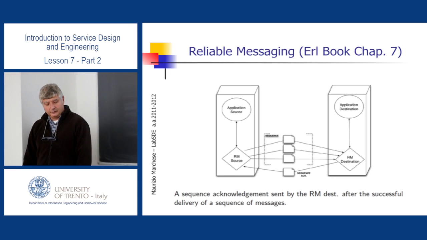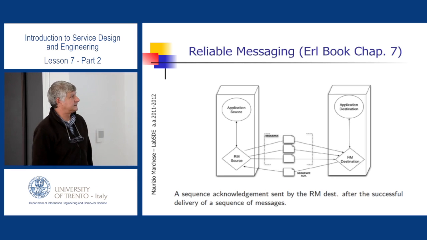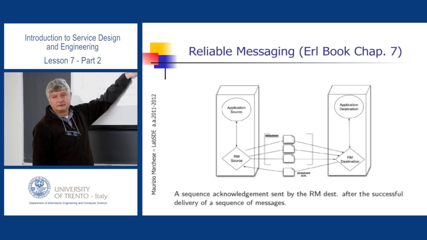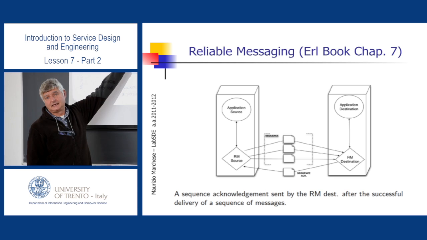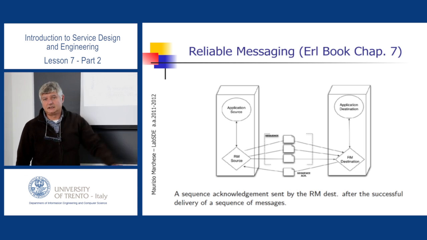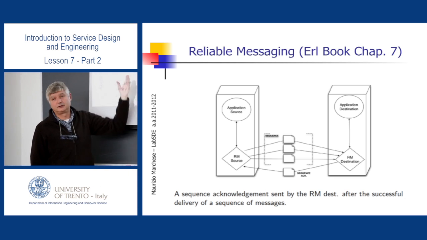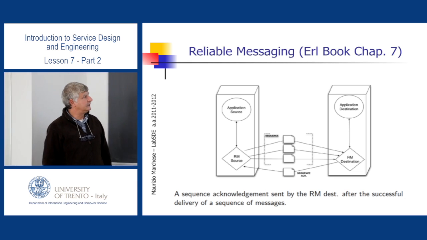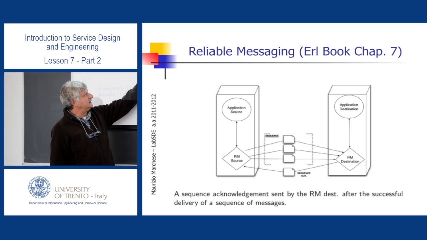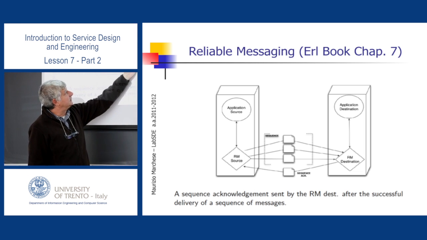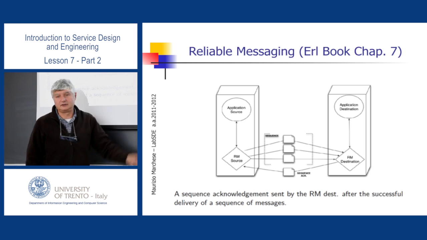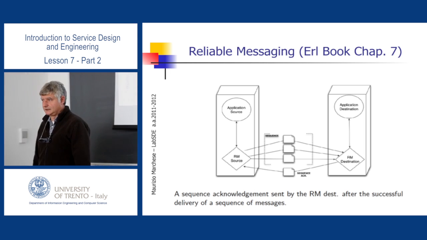So the typical thing is this: in your application, you have everything that is standard, which is the SOAP engine, and you are adding this extra feature in your SOAP container. The source sends all the messages, maybe in a particular sequence or not, and the final destination receives them and eventually sends back an acknowledgement.